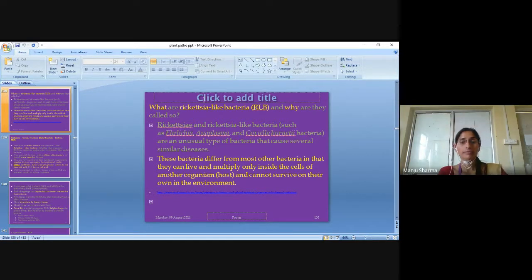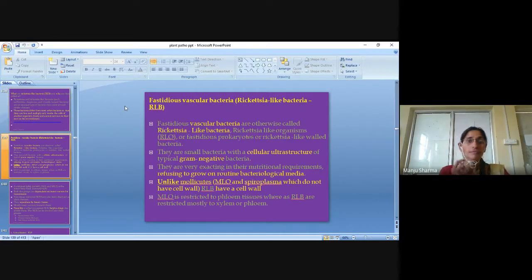Next is fastidious vascular bacteria, that is RLB. Fastidious vascular bacteria are otherwise called rickettsia-like bacteria, rickettsia-like organisms, fastidious prokaryotes, or rickettsia-like walled bacteria.